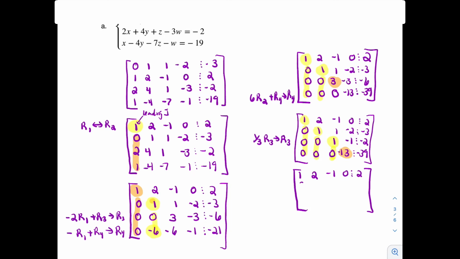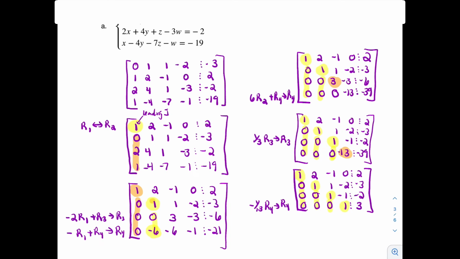I'm going to choose that constant to be negative 1/13, so I can get a 1 in that leading 1 position. So our operation here is I'm going to take negative 1/13 R4 to get our new row 4.